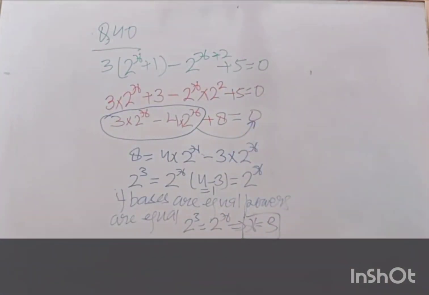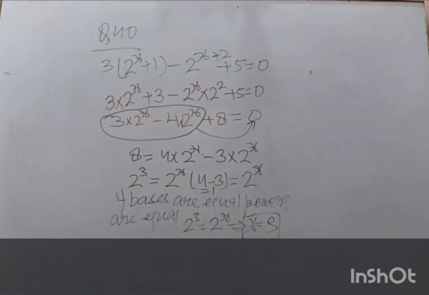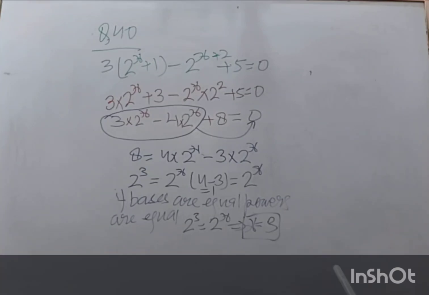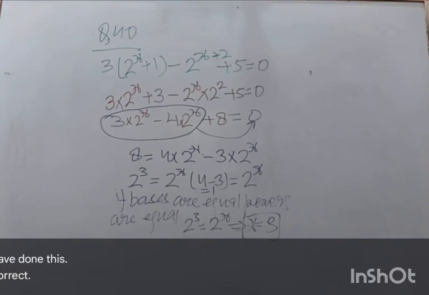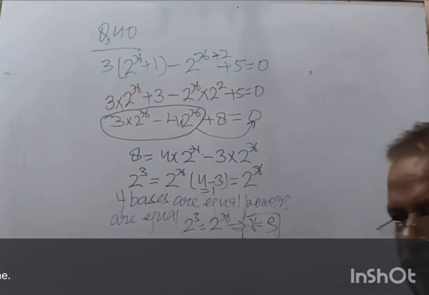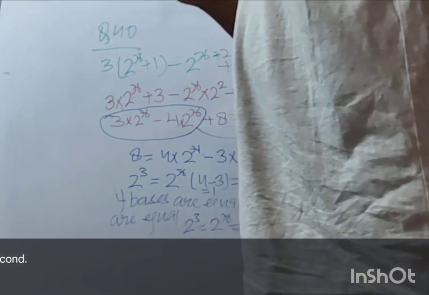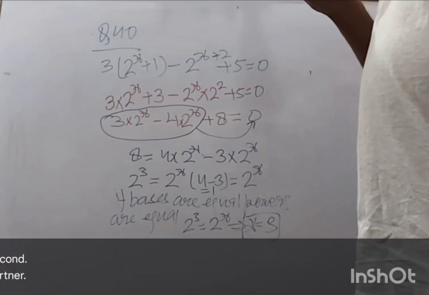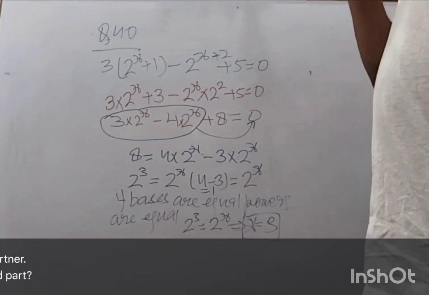Is it correct? You have done this? Yes, sir. First, correct. You have done this? Yes, I have done. Oh, very fast. Do the second, the 40th question second part.